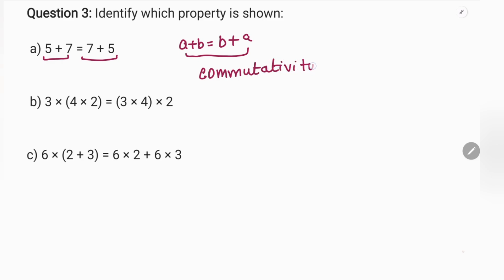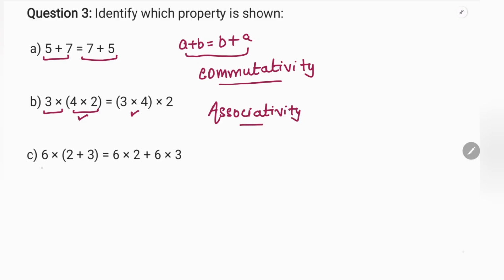Now 3 multiply 4 multiply 2, where you multiplied 4 and 2 first here, and here you multiplied 3 and 4 first. The answer will be the same. This property is associativity, on multiplication.